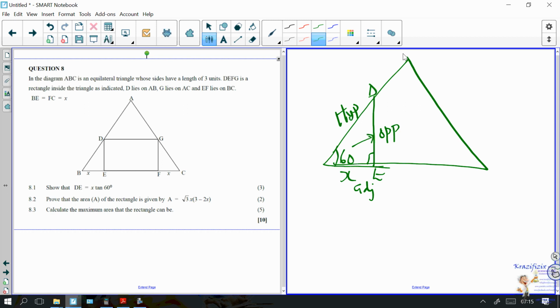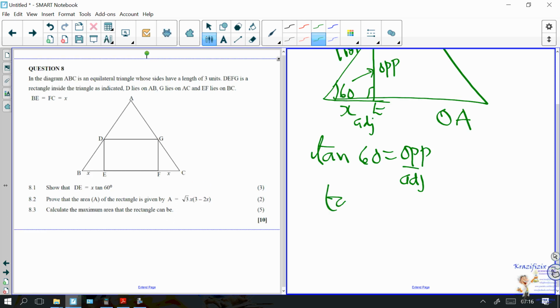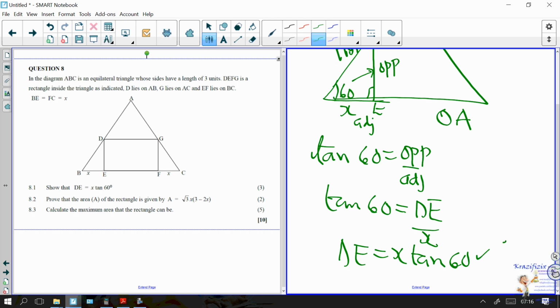I am looking for opposite, and I have my adjacent. Tan 60 equals opposite over adjacent. So my opposite is DE, my adjacent is X. DE equals X tan 60. And that's done. 3 marks there.